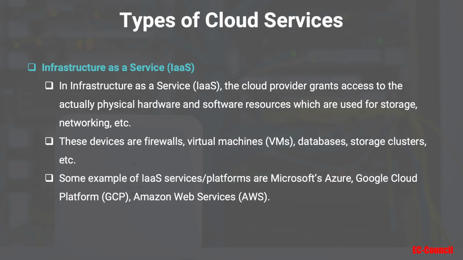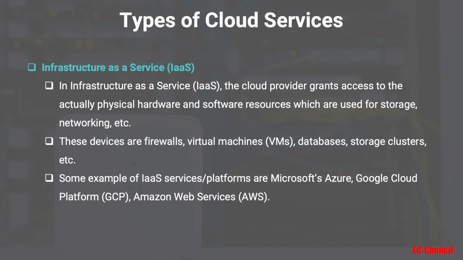The third type of cloud service is infrastructure as a service. With infrastructure as a service, the cloud provider grants access to the actual physical hardware and software resources which are used for storage, processing power, even networking. These devices are firewalls, virtual machines, databases, storage, clusters, and so on.